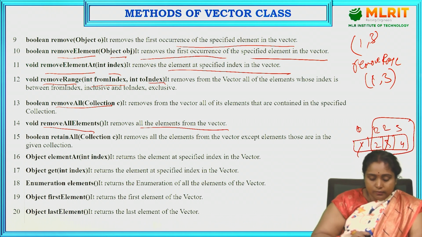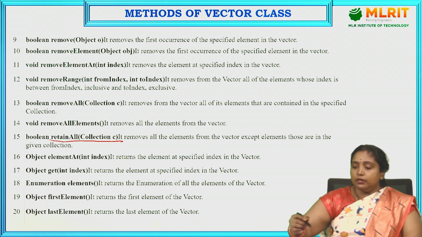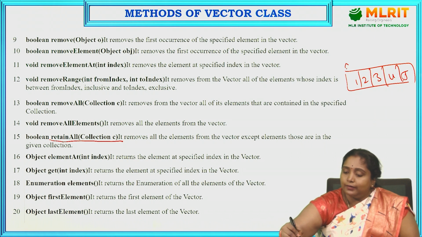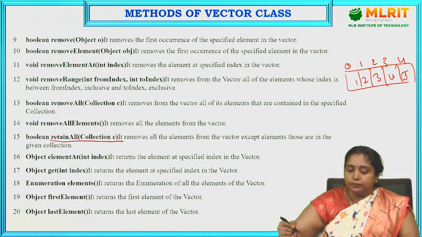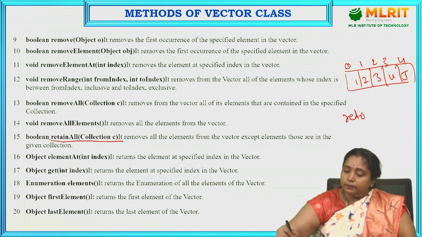And next, retainAll. For example, if I am having 1, 2, 3, 4, 5, this is my vector, I just want to use the retainAll method with the collection c equal to 1, 3, 5.